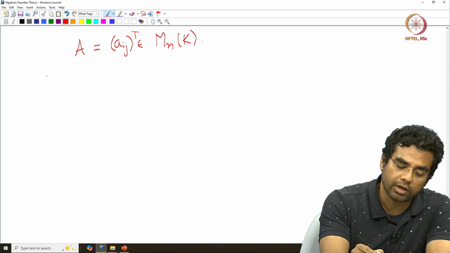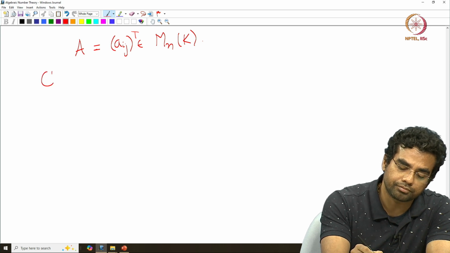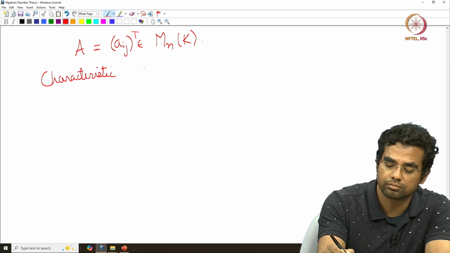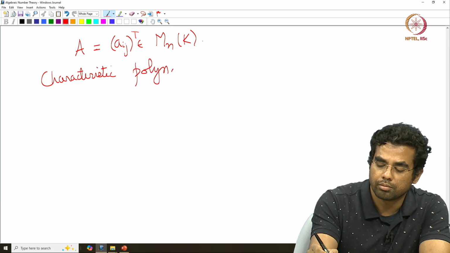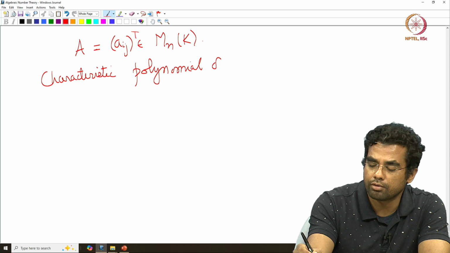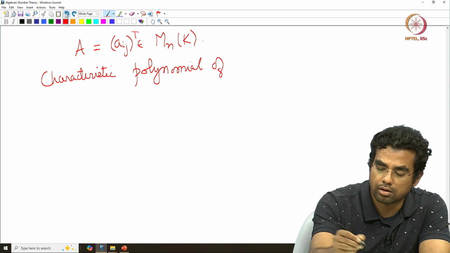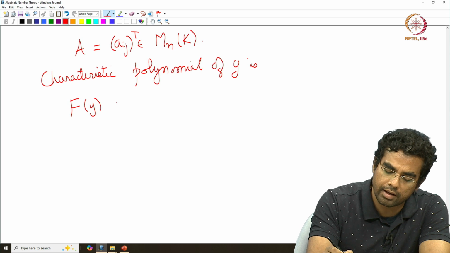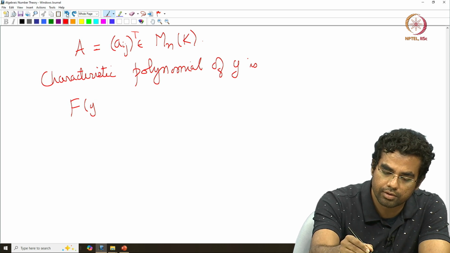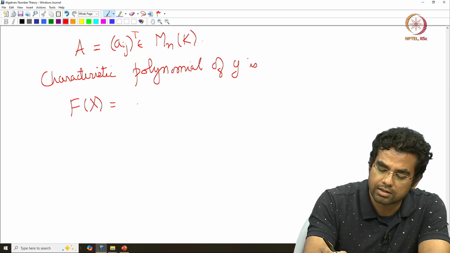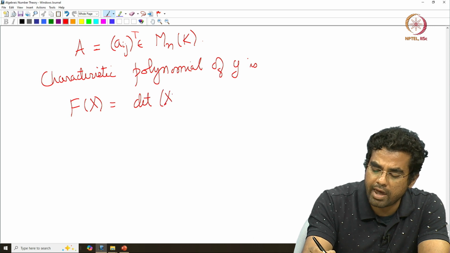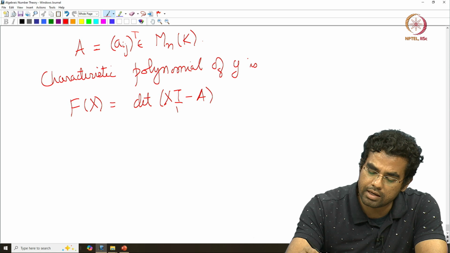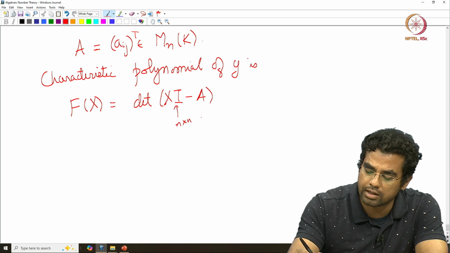Okay. So, the characteristic polynomial of y is defined as follows. f of x, this is the determinant of x times identity minus A. Okay. So, I here is the n by n identity matrix.